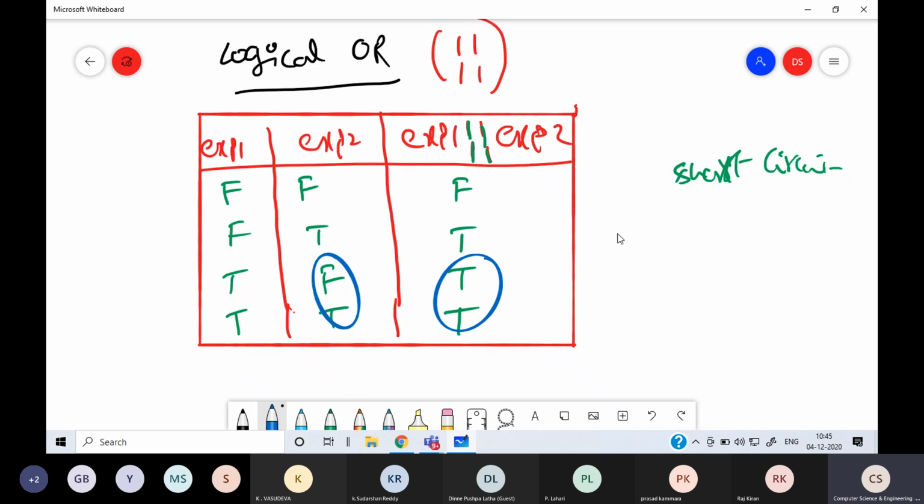In case of AND operation, when the first expression is false, the second is not going to be evaluated. In case of OR operation, if the first expression is true, the second expression is not going to be evaluated. Only when the first expression is false do the results depend upon the second expression. So you have to be careful.